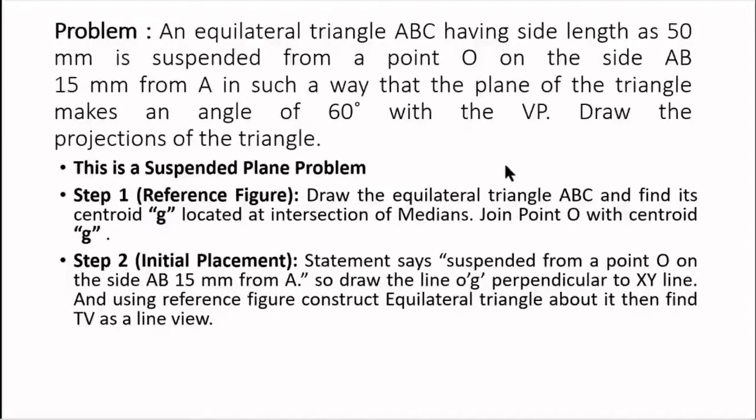So the point of suspension is above and the centroid vertically below when a plane is suspended. Using this reference figure, we'll construct the equilateral triangle about the line OG and we'll find the top view, which is a line or edge view.